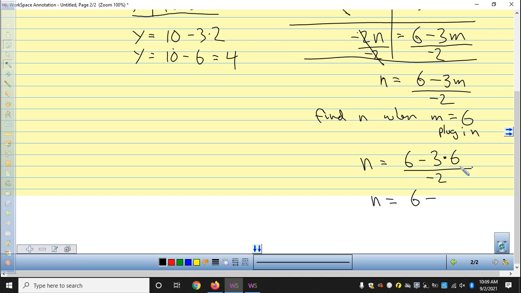So n equals 6 minus 3 times 6 is 18, divided by negative 2. Well, 6 minus 18 is negative 12, divided by negative 2. So n equals 6. So when m equals 6, n equals 6.